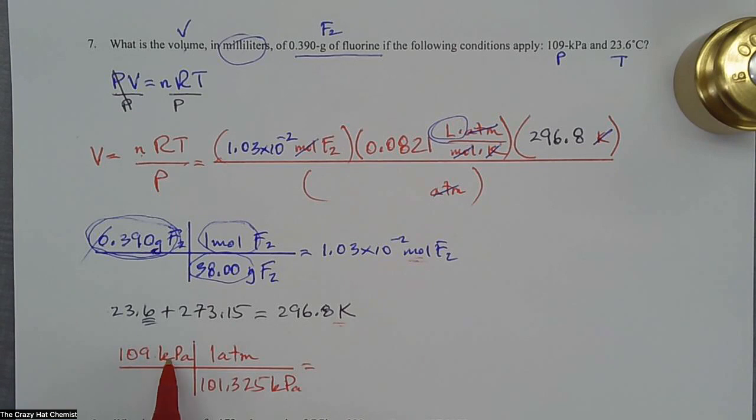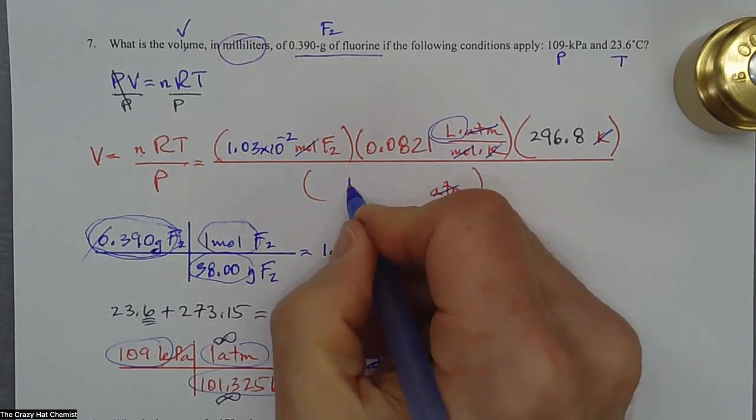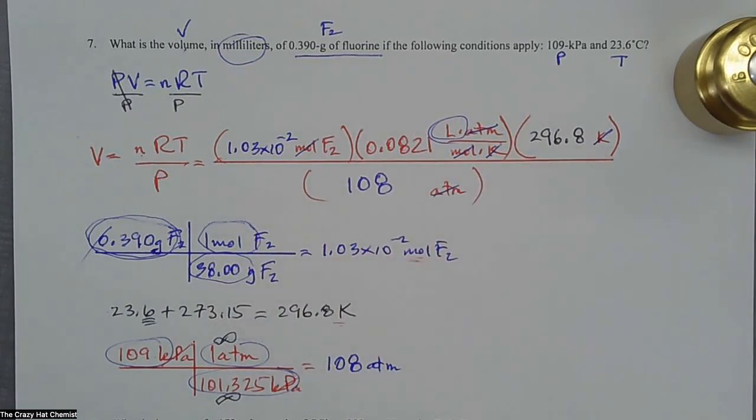So 109 kilopascals, I'm going to cross out the kilopascals. I have an infinite number of significant figures here, and I got 3 significant figures. I'm going to maintain that. So it's 109 times 1 divided by 101.325, and I'm going to get 1.08 ATM. Notice the number doesn't change a whole lot, but it does change a little bit, 1.08 ATM.